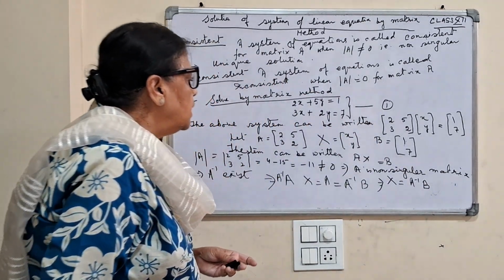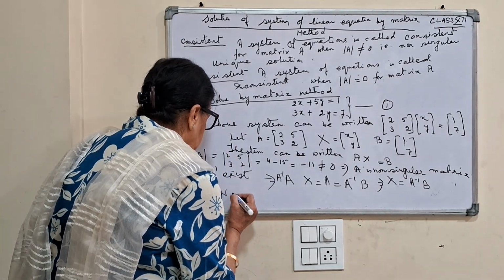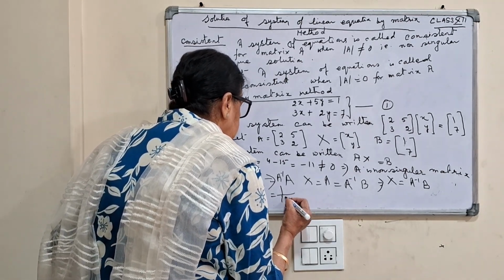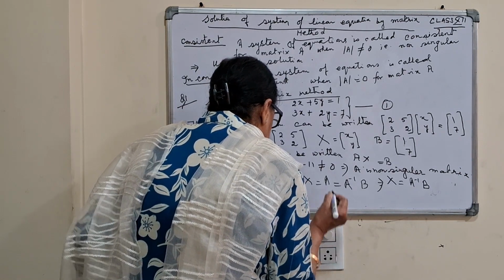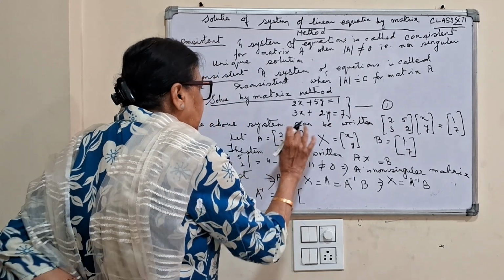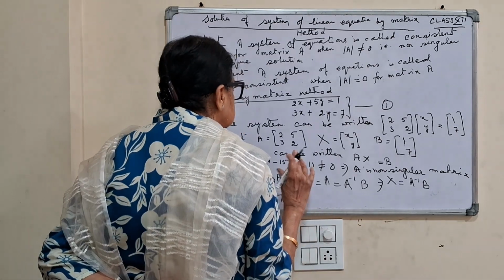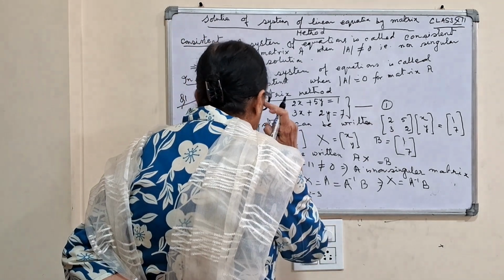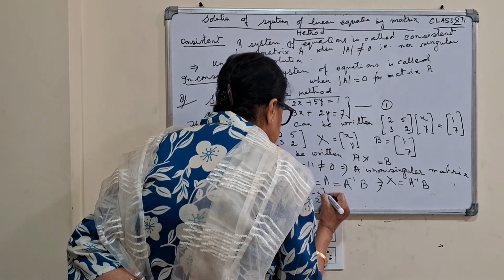Now A inverse can be written. A inverse is equal to 1 by determinant A, and the transpose of the cofactor matrix. The cofactors are 2, minus 3, minus 5 and 2.